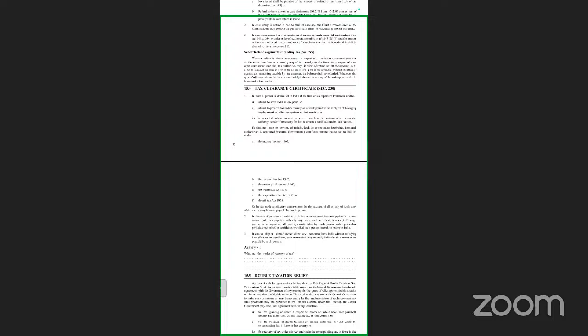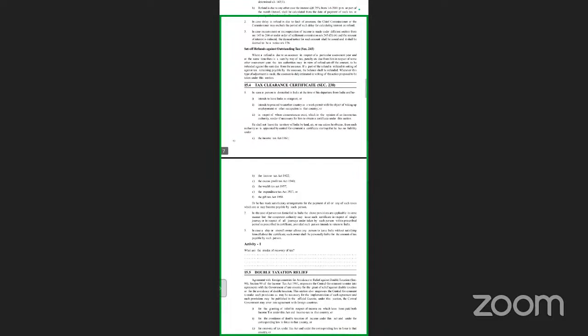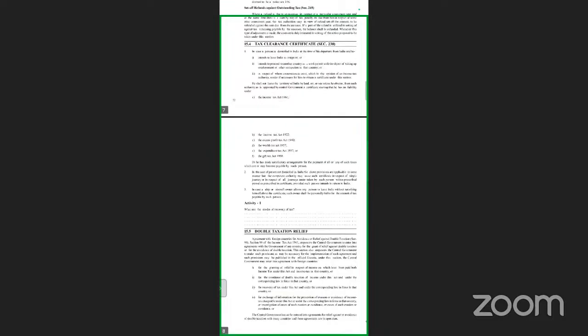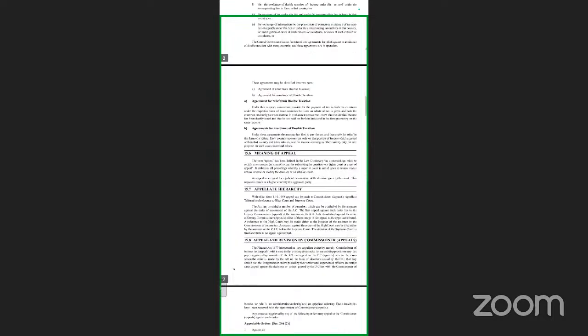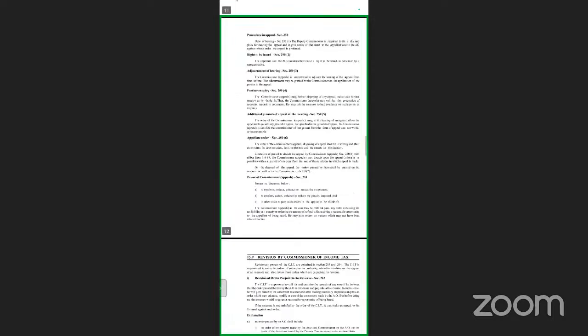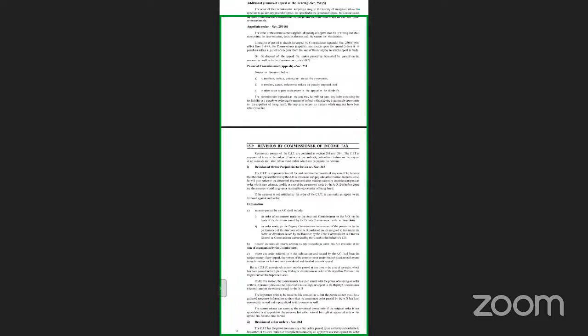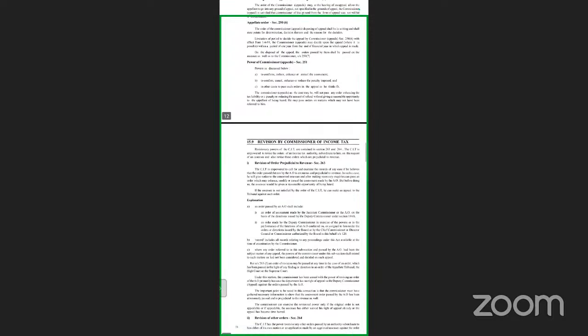He shall not leave India without having the following certificates: Income Tax Act 1922, excess profit tax, wealth tax. All these certificates have to be provided, if he is a business person or an income earning person. If I want to complain, then we have a structure where the Commissioner of Income Tax is available.